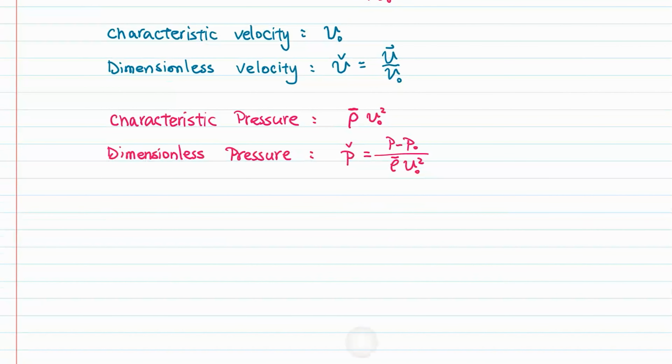So if you think of a characteristic temperature, typically you would use what's defined in the boundary condition. So typically we would think that the characteristic temperature can be some T1, some T0 at the boundary, or it can also be defined as T1 minus T0.